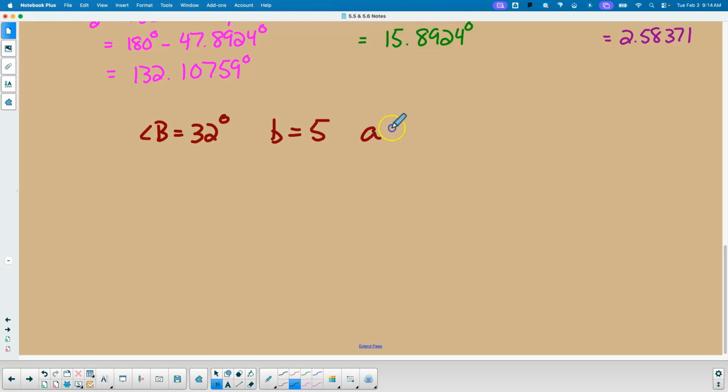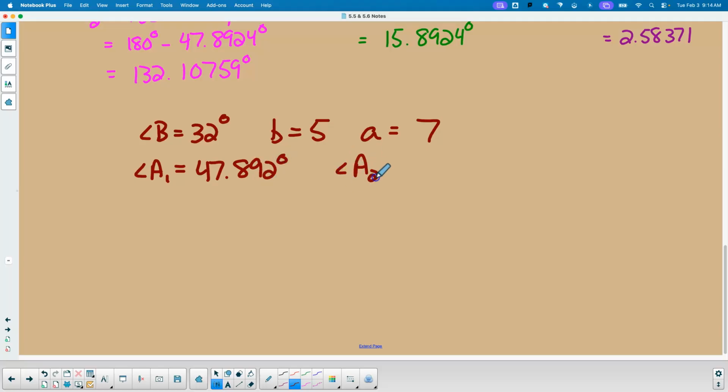And side A was 7. So then angle A sub 1 was 47.892.